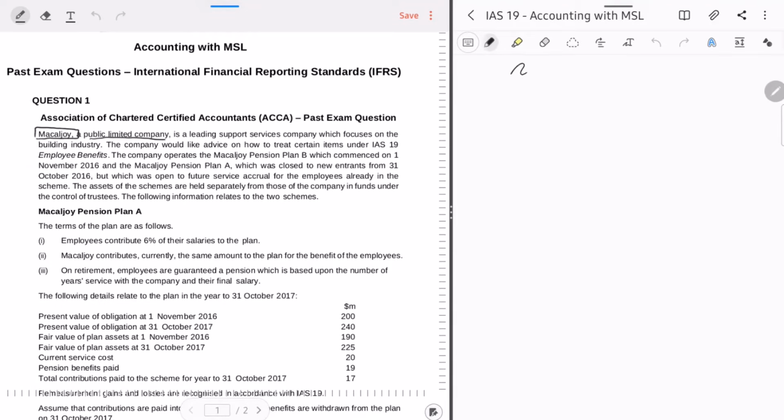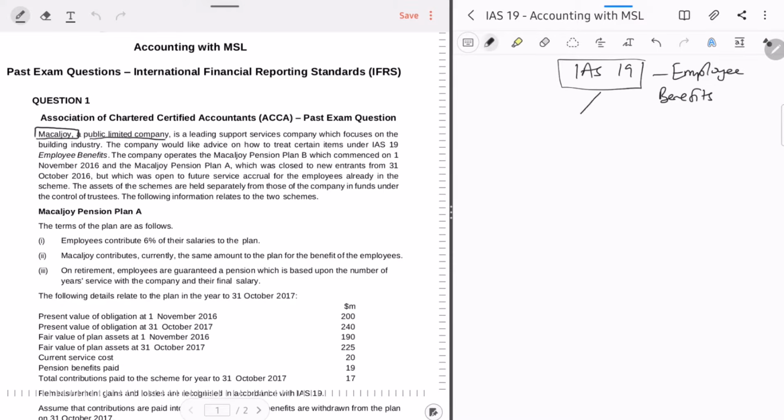So let's start with a defined contribution plan. Let me try and simplify this for you. Let's even make life easy for all of us, right? Let's clearly state that. IAS 19, employee benefits.